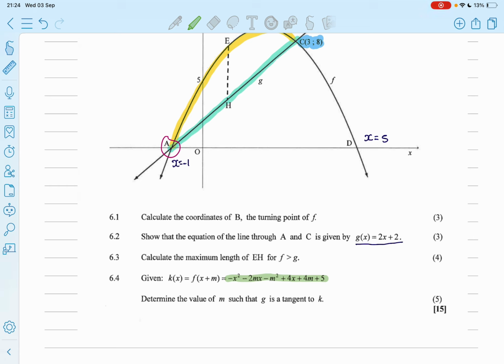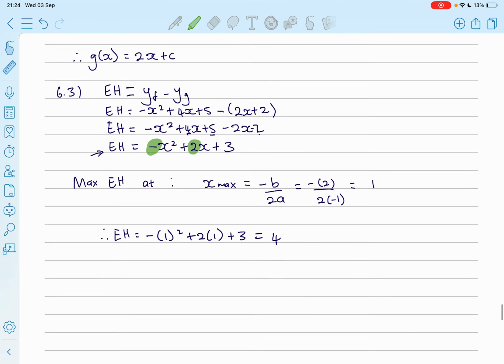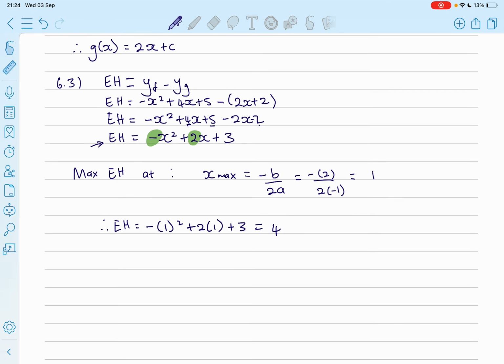What you should know about tangents is the tangent and a curve, they have equal gradients and their y values will be equal. So let us use the fact that their y values are equal. 6.4.